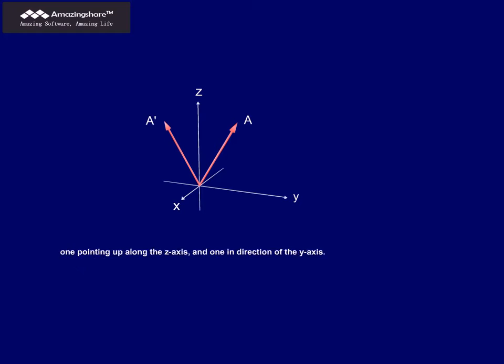One pointing up along the z-axis, and one in direction of the y-axis. The magnetic force of proton A1 also has a component along the y-axis, but in the opposite direction. Thus, the component of A along the y-axis is cancelled out by A1.